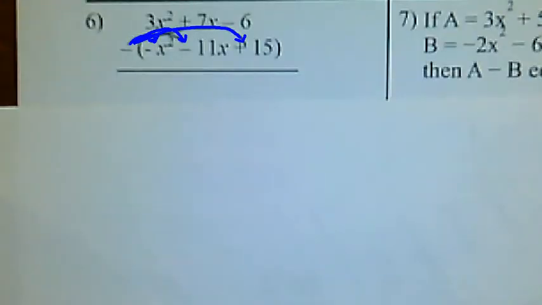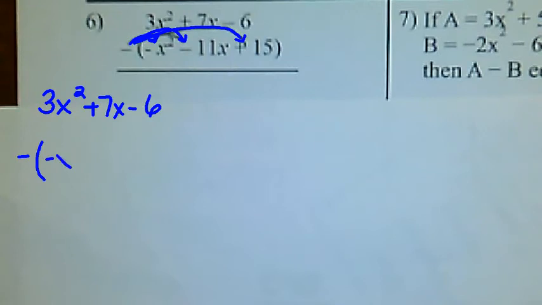Alright, so again, another way to look at it, you're actually distributing this negative. So I'm just going to rewrite this real quick. And then I'm subtracting. It's really so much easier if you have it in parentheses. Minus 11x.